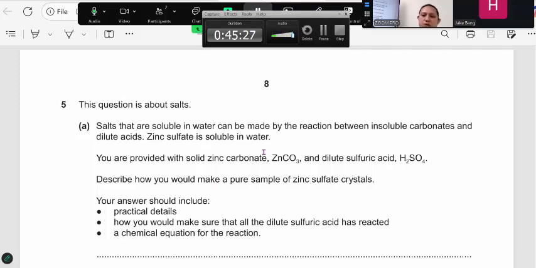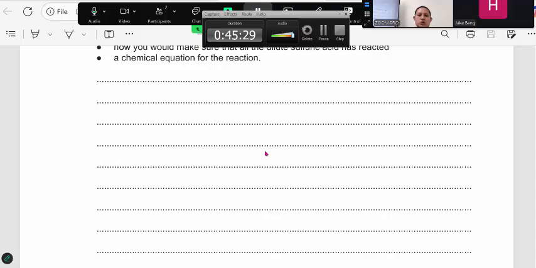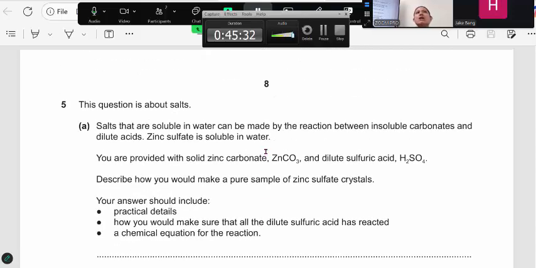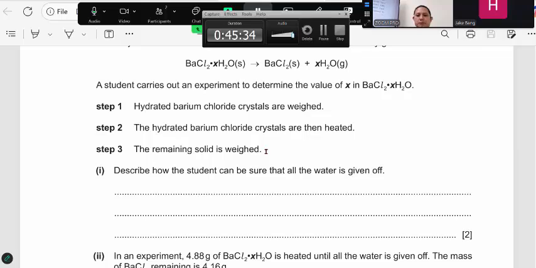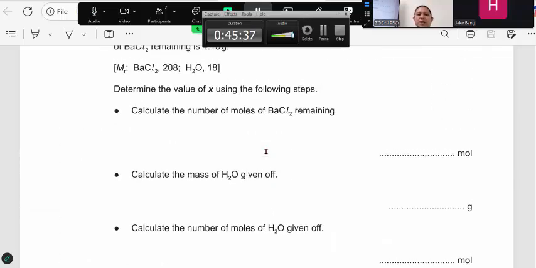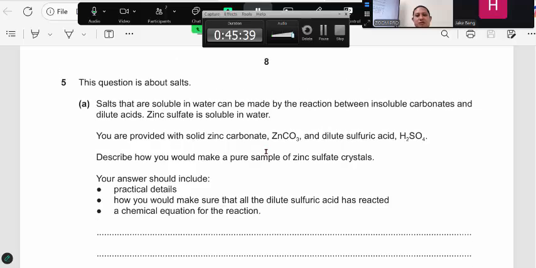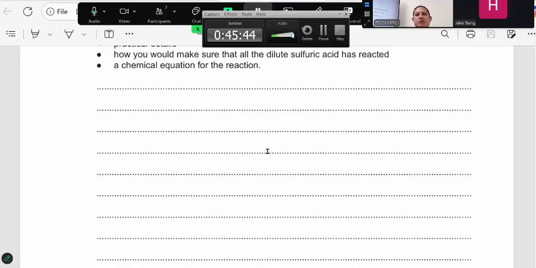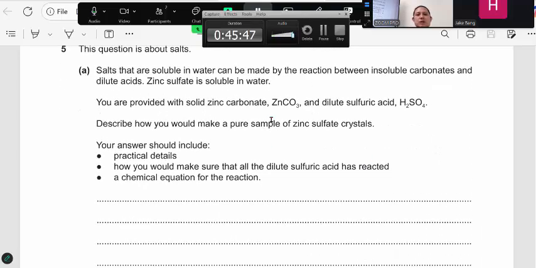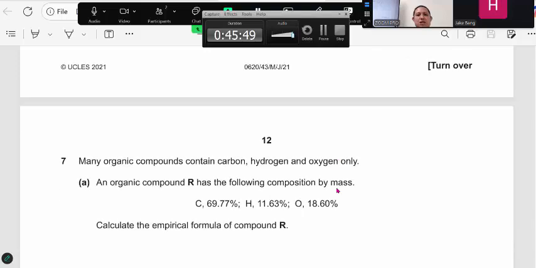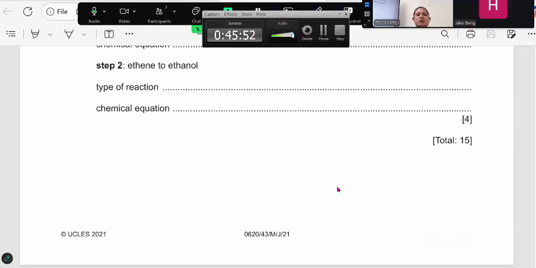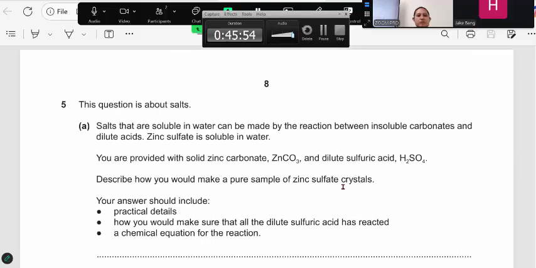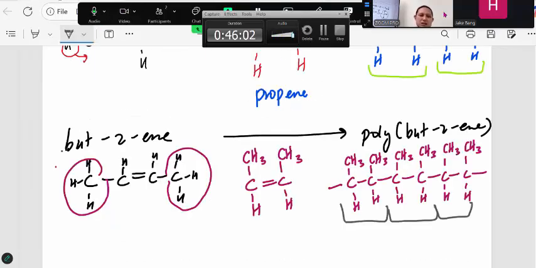Jake, so open to this one. See how good your memory is. Please just try and do question 5 now. This new one that I just gave you. It's salts and then organic chemistry. It's continued.